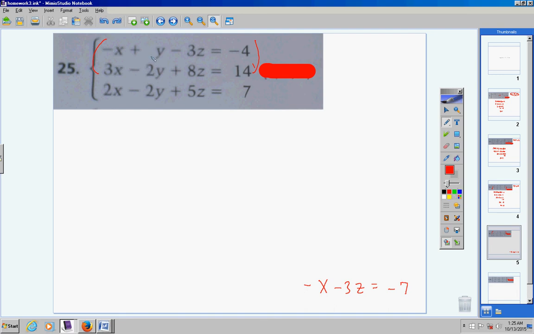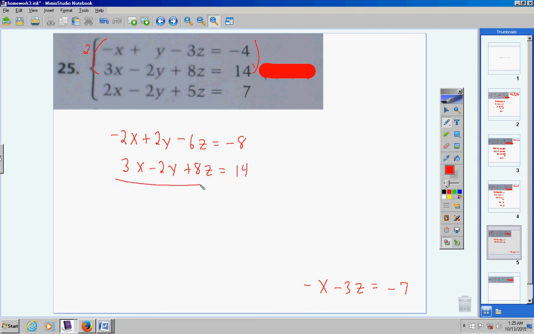So, I'm going to multiply this top equation by 2. 2 times y will give me a 2y, which will cancel with my -2y. So 2 times -x is -2x, 2 times y is a +2y, 2 times -3 is a -6z, and 2 times -4 is -8. Your middle equation does not change. 3x -2y +8z equals 14.